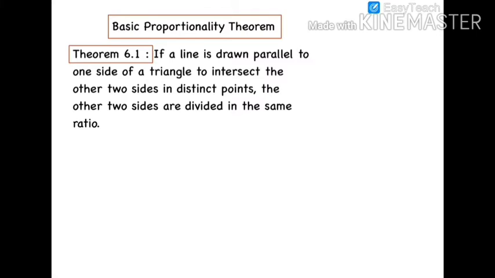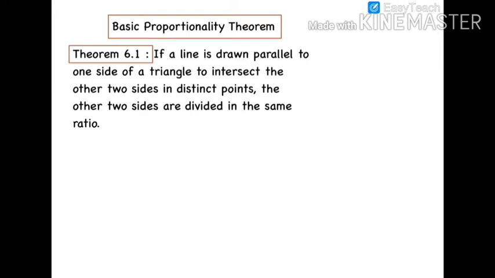Let's read the statement for basic proportionality theorem. If a line is drawn parallel to one side of a triangle to intersect other two sides in distinct points, the other two sides are divided in the same ratio. We need to break it into parts to understand this statement.